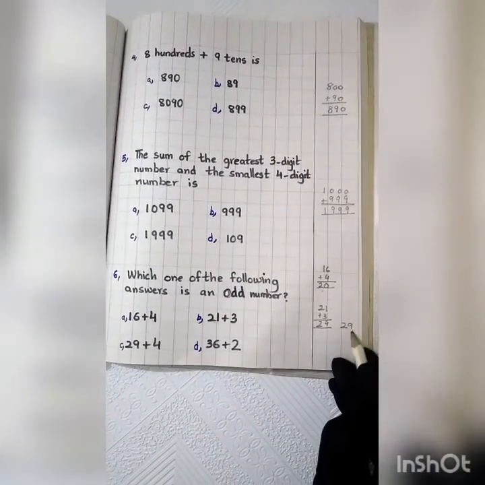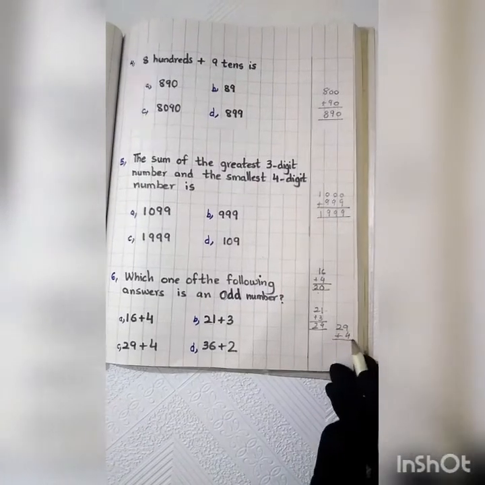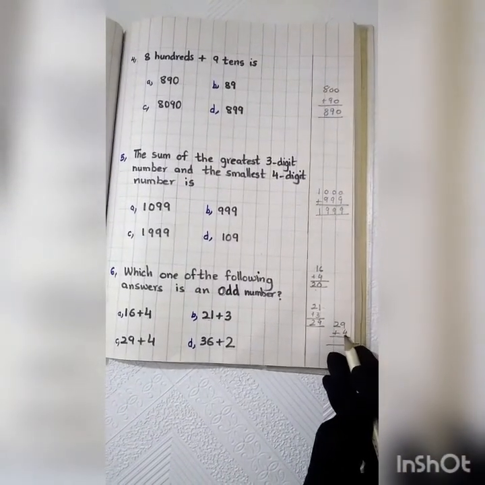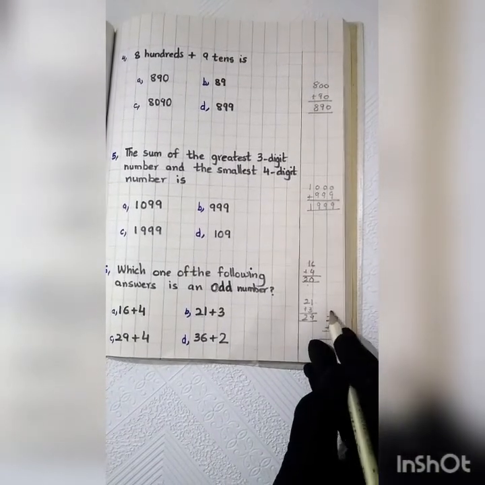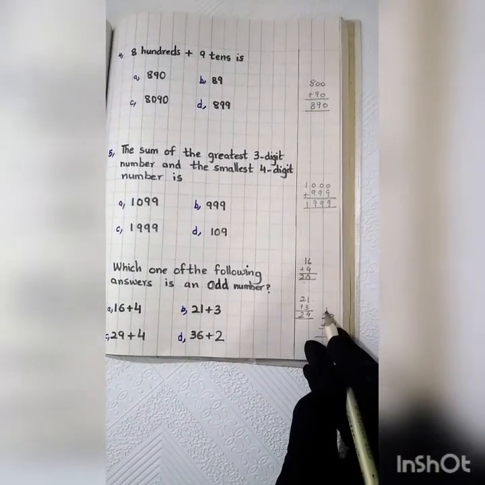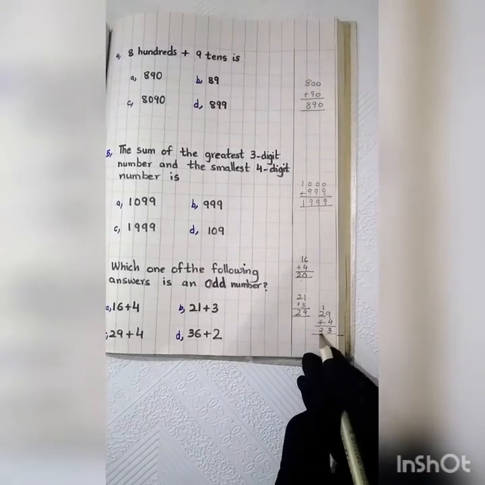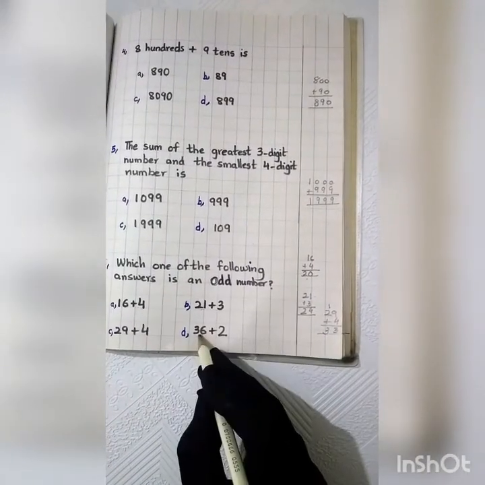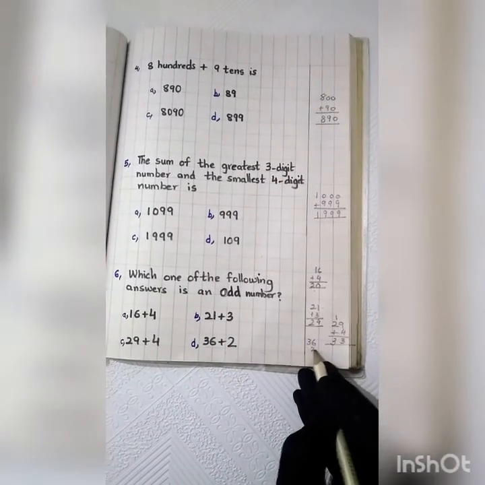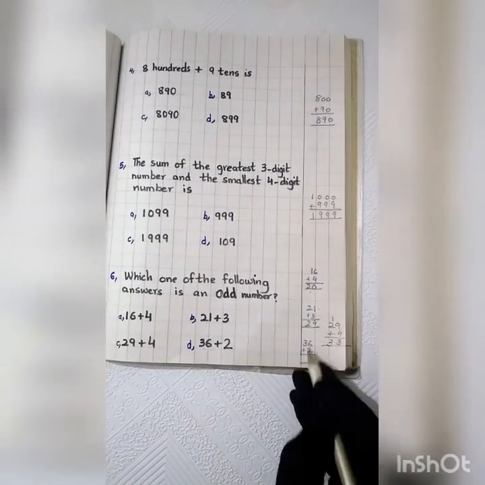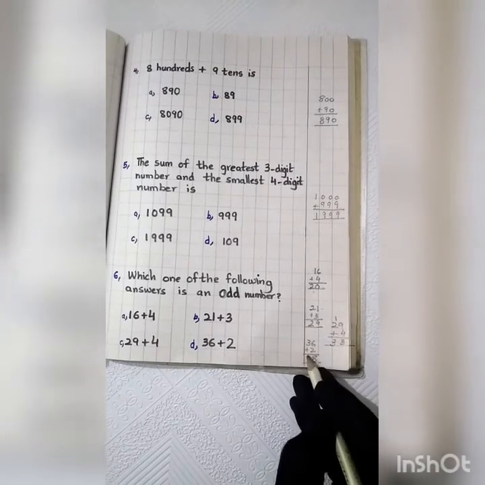Now add 29 plus 4. 29 plus 4. 9 plus 4 is 13. We write 3 here and 1 will be carried. 2 plus 1 is 3. 33. Now add 36 plus 2. 36 plus 2. 6 plus 2 is 8 and 3.